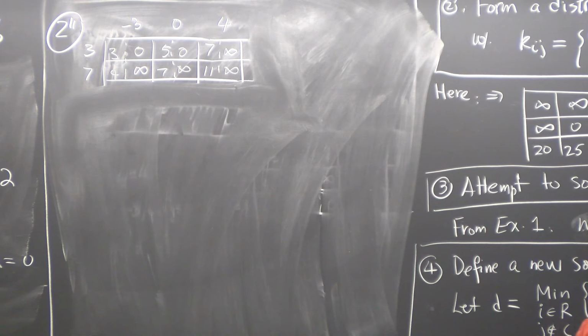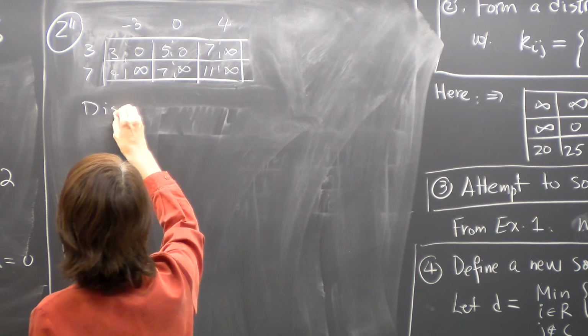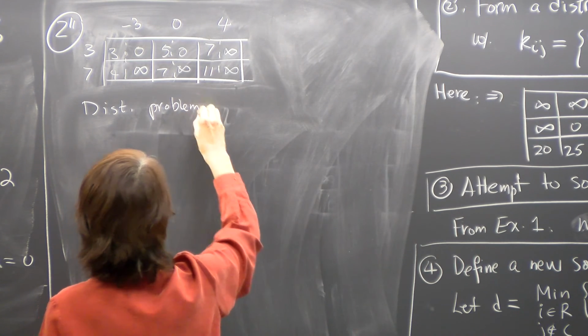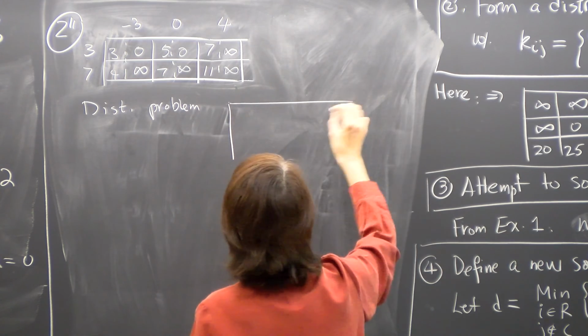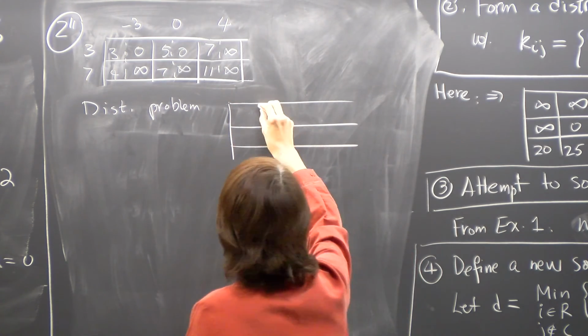Is it clear? And now you have a distribution problem. If you want, you can write it out, or if you put everything in one table, then probably you don't need to.